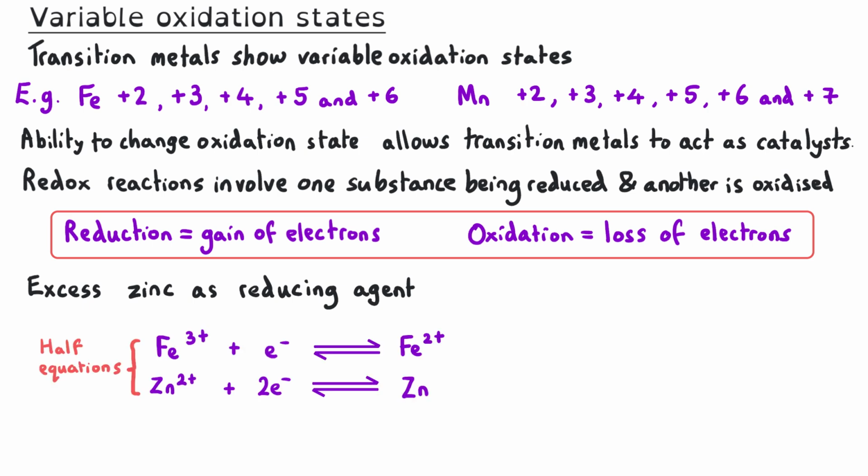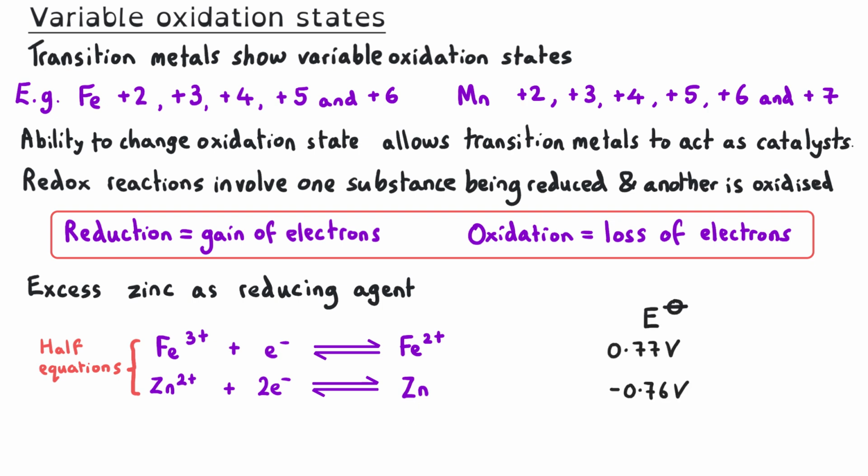For instance, if we take a look at these two half equations here, you can see we've got the oxidizing agents on the left-hand side ready to gain electrons. These half equations are equilibria, which means they are reversible. And on the right-hand side, we have the reducing agents.